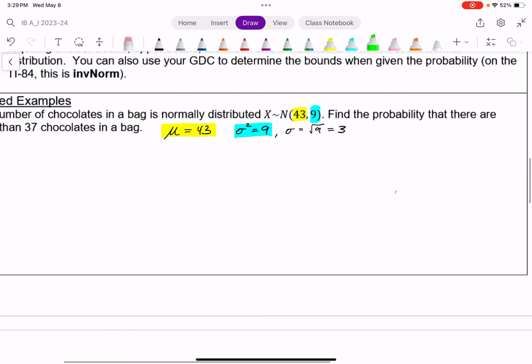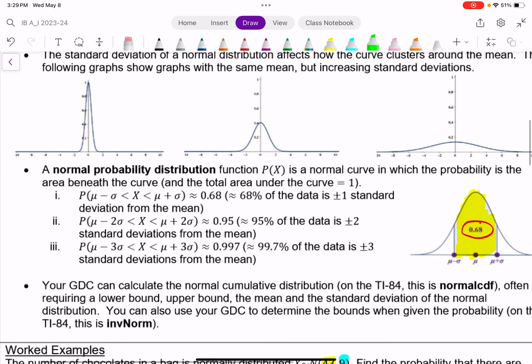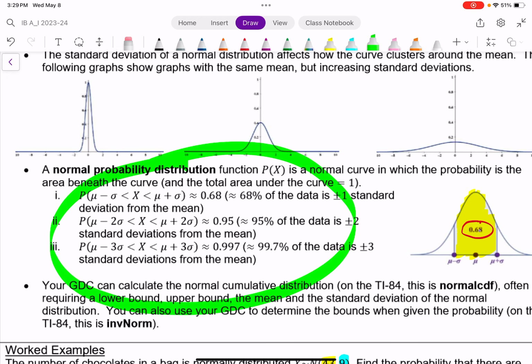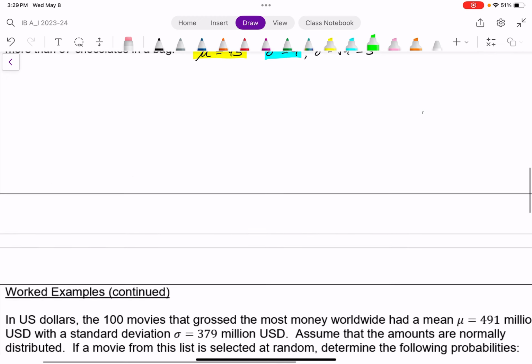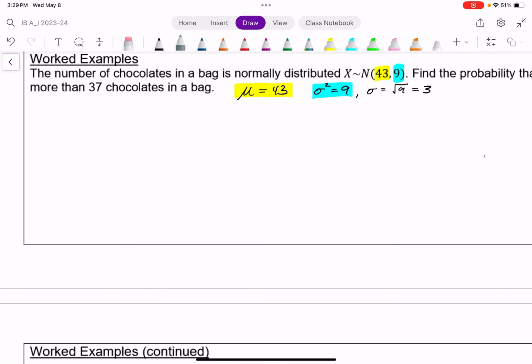I want to use this to find the probability that there are more than 37 chocolates in a bag, knowing that it's normally distributed, the mean is 43, and the standard deviation is 3, or the variance is 9. One option is to use no technology at all, just this data and some problem solving. Let's make a rough sketch of what this normal bell curve would look like.